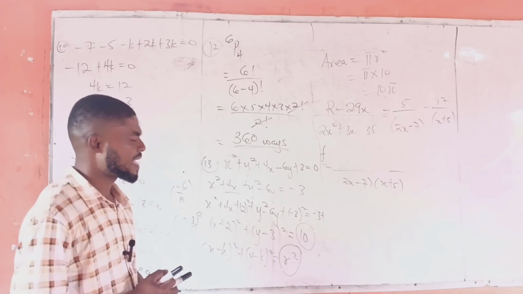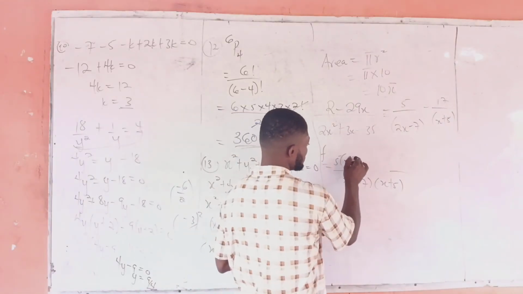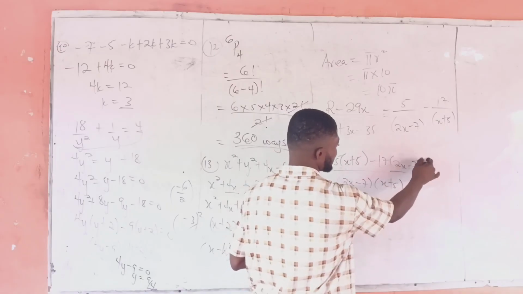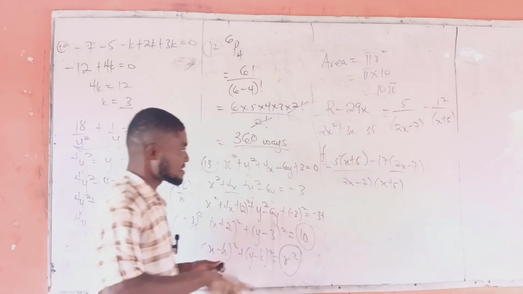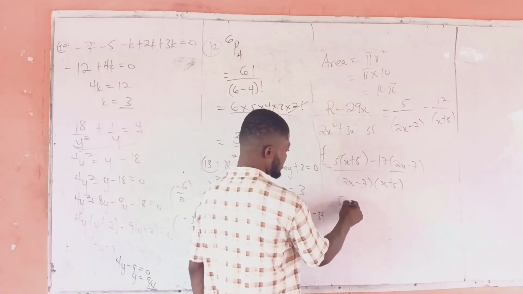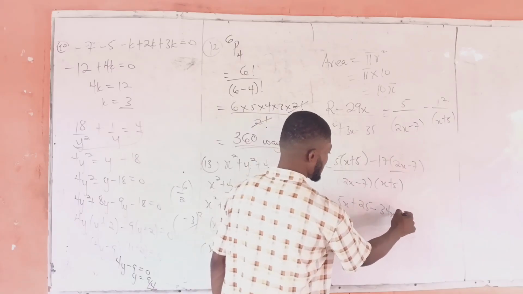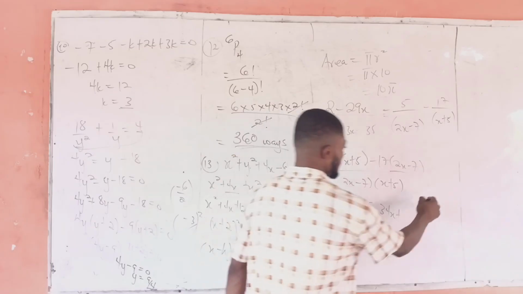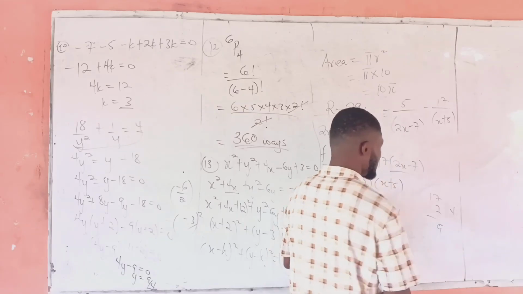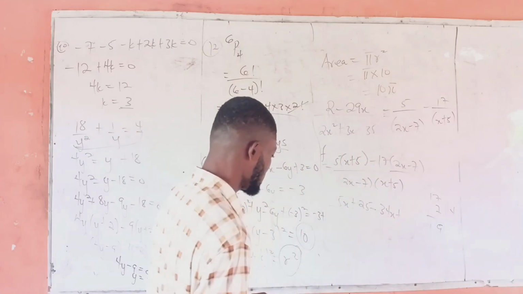Now 2x minus 7 goes into this x plus 5 times. And then this is going to be minus 17 times 2x minus 7. Expand this side if possible. So when we expand this side, we get 5x plus 25 minus 34x plus 119, if I'm not mistaken.